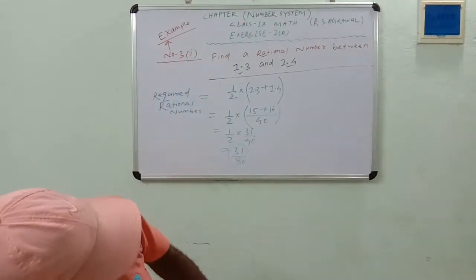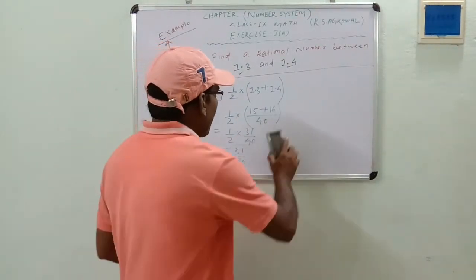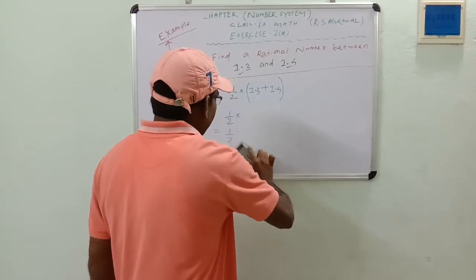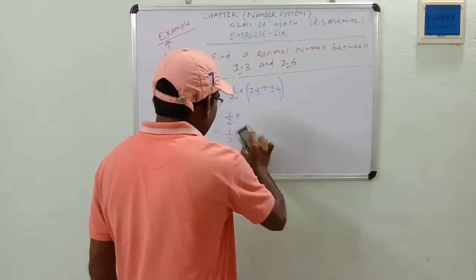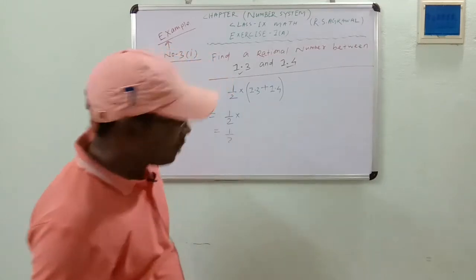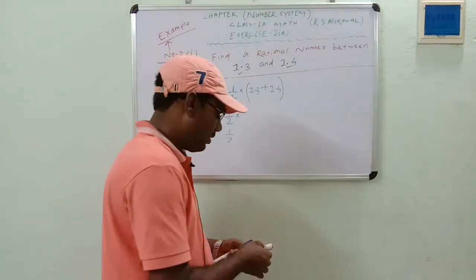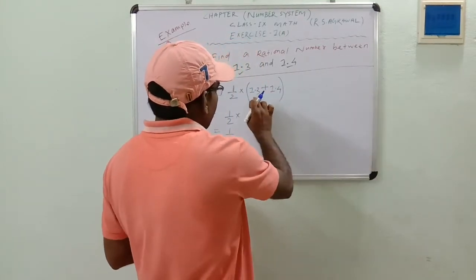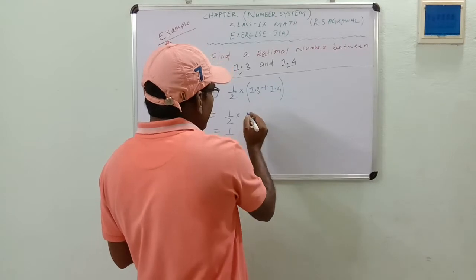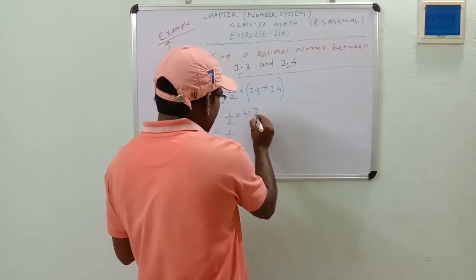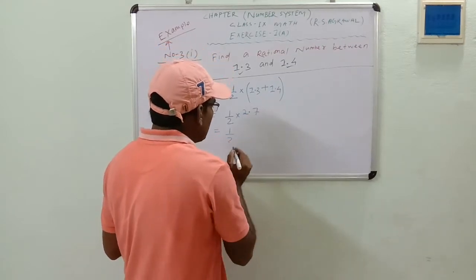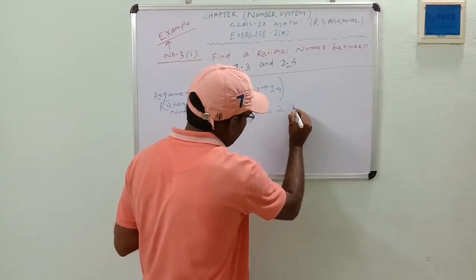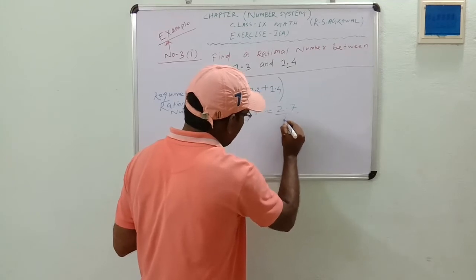As these two rational numbers are in decimal form, therefore you simply add them. The result of this addition will be 2.7. Now you find 2.7 by 2.